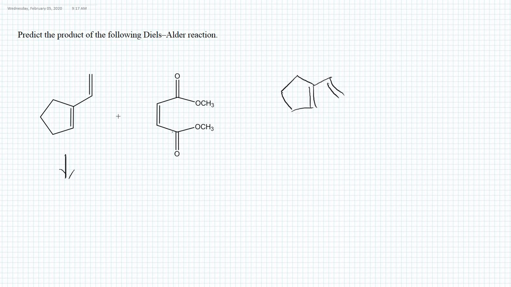Then let's write again the dienophile in proper orientation so that we can predict the reaction. So I'm going to redraw this dienophile. I'm going to place the alkene functionality double bond here so that we can predict the reaction product.